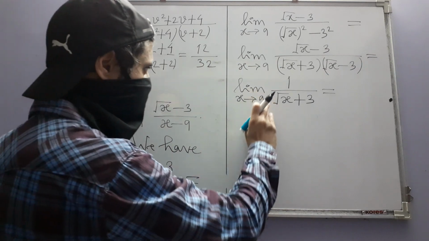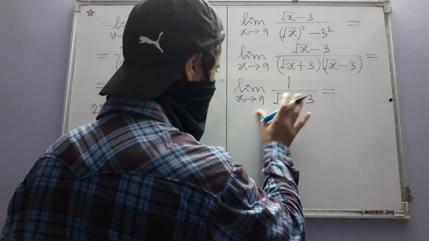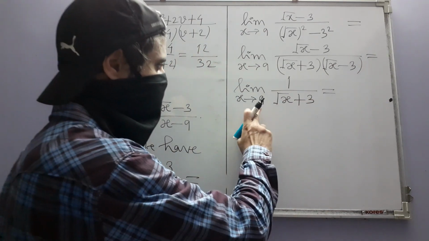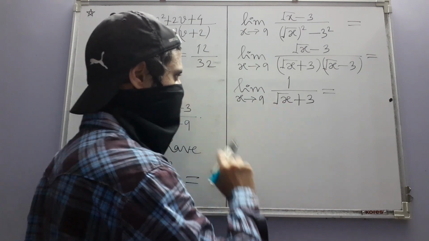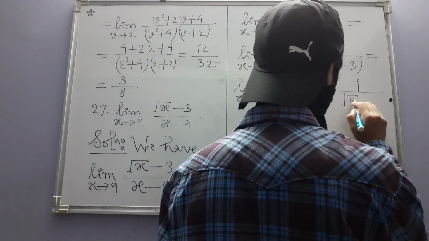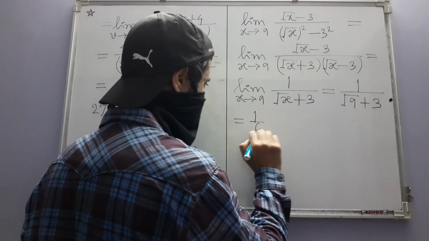Now you can substitute 9 for x. By what rule? By the power rule. You remember there is a power rule also. So that allows us to replace x with 9. That is, the limit will be this. But that is just 1 over 6.